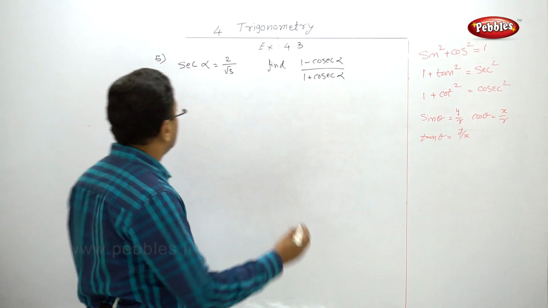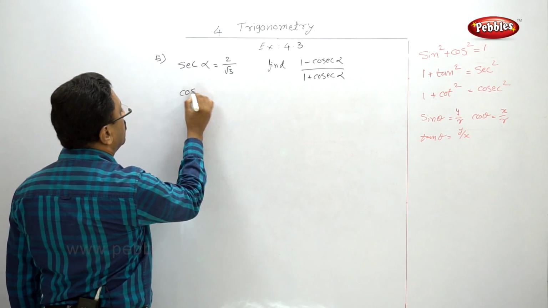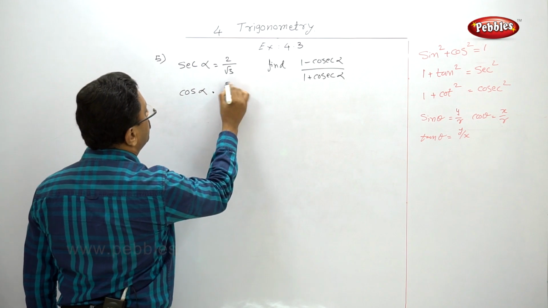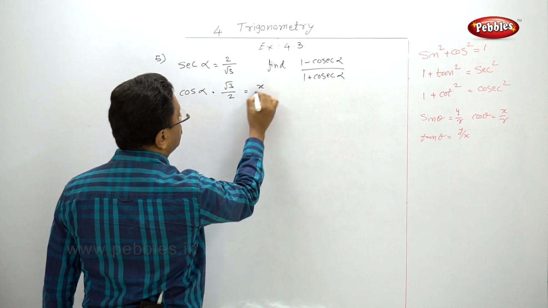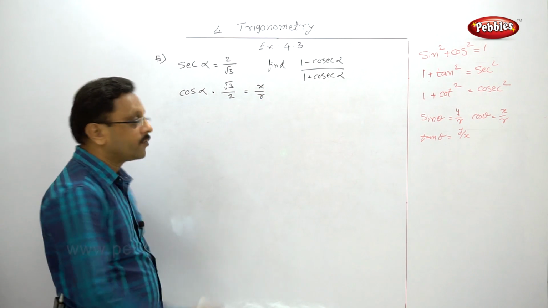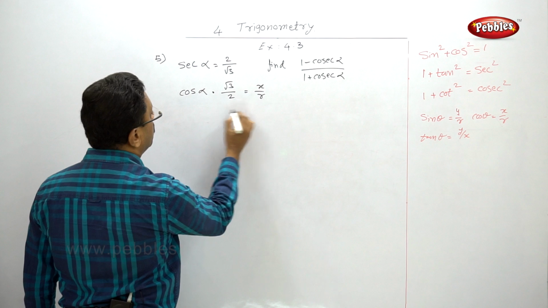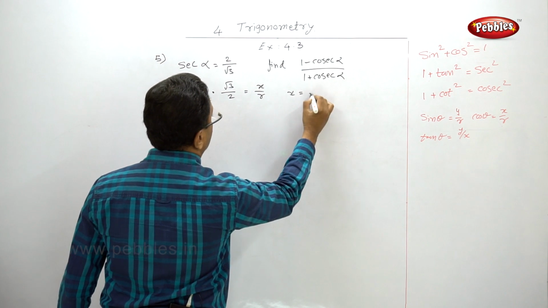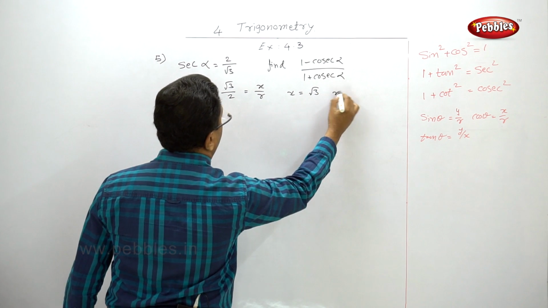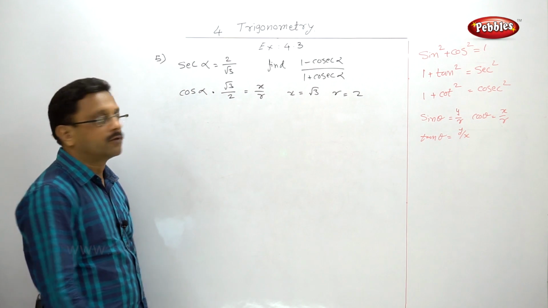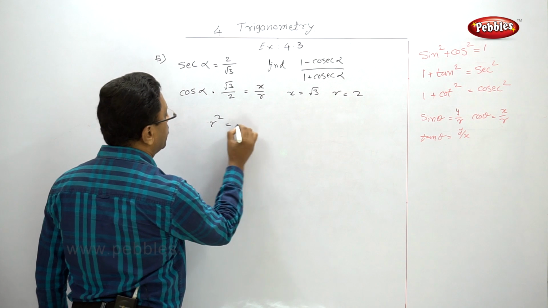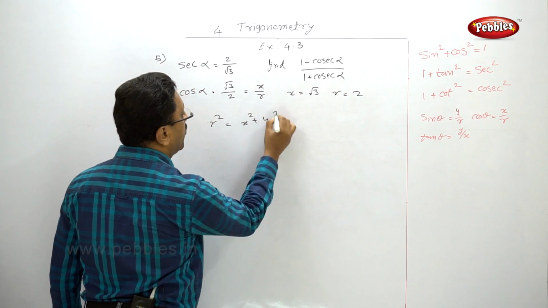Let us solve this. So we have cos alpha is equal to root 3 upon 2, which is nothing but x upon r. And that means we have x is equal to root 3 and r is equal to 2. x is positive because it is in the fourth quadrant. So r square is equal to x square plus y square.